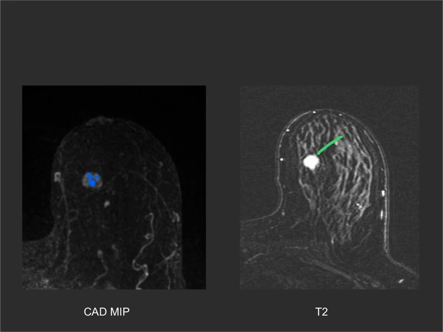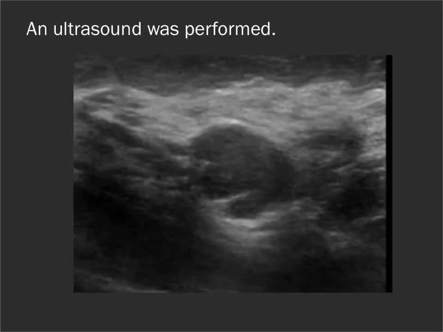Now, she had very high T2 signal on this, but this is not a cyst because it's enhancing, so it's a solid mass. And we did take it to ultrasound. And she had a very benign-looking lobulated mass that we were pretty confident was a fibroadenoma, but she elected to have this biopsied, which was confirmed to be a myxoid fibroadenoma at core needle biopsy.